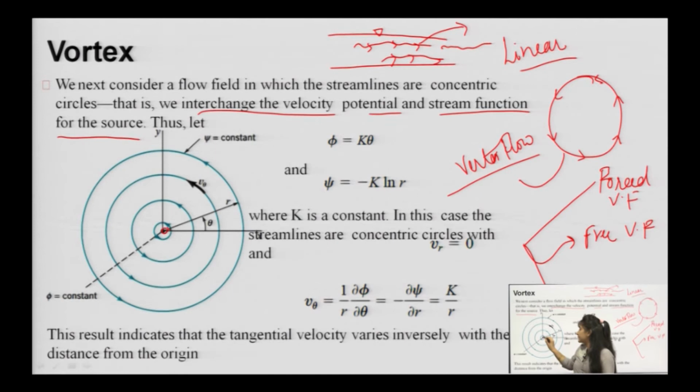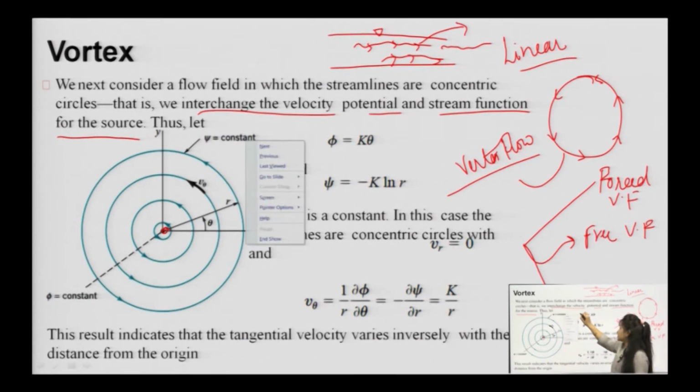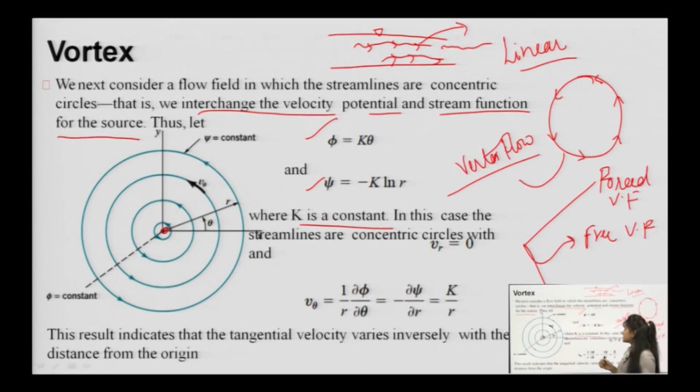We have kept this center as a source and it forms concentric circles of stream function and velocity potential function. So, here you can see this in the form of velocity potential function and this is for stream function, wherein k is a constant. In case the streamlines are concentric, then the radial velocity will be taken as 0.